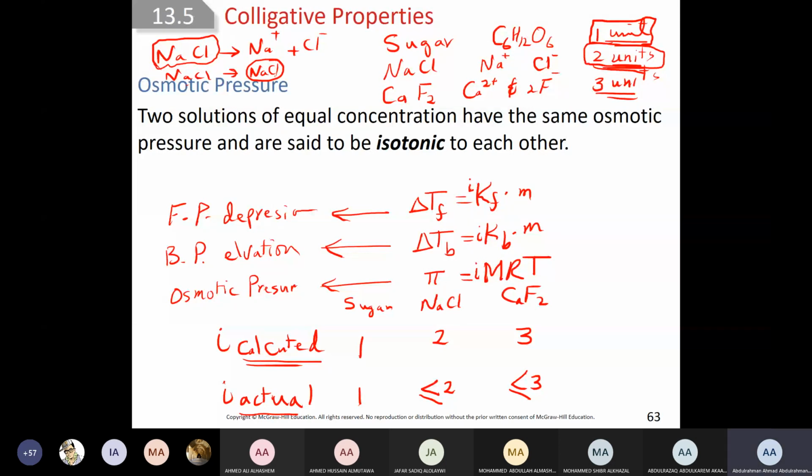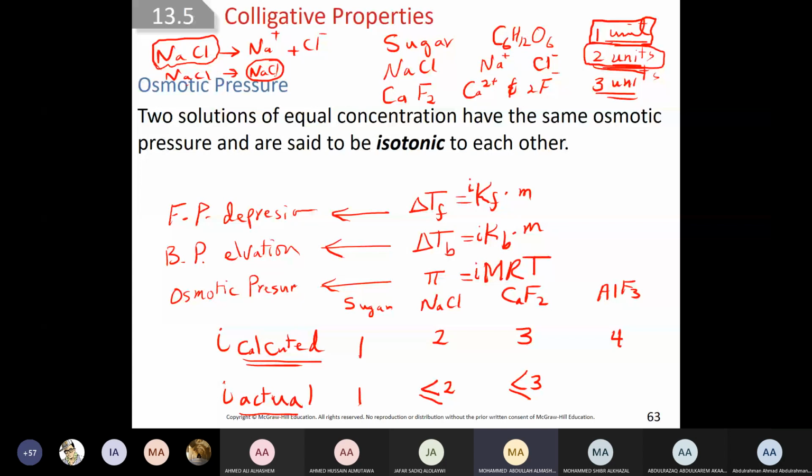Okay, but there is a reason. Aluminum trifluoride, AlF3. How many do you think I calculated? 4. Why?